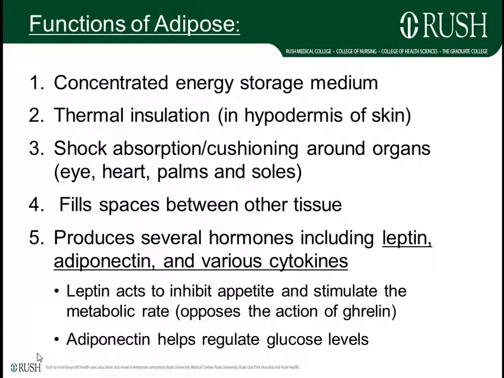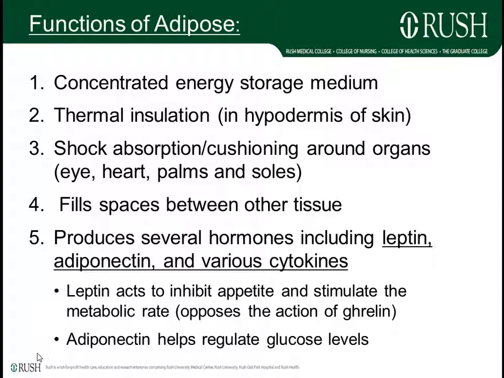Another function is that adipose tissue acts as a space-filling media between other tissues and organs. And finally, adipose tissue has an important endocrine function, producing a number of hormones and cytokines.